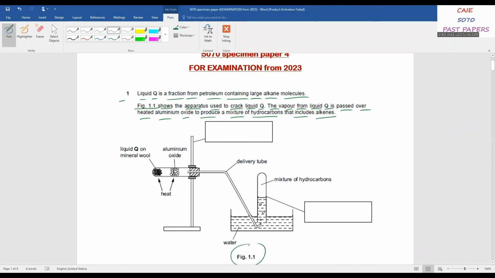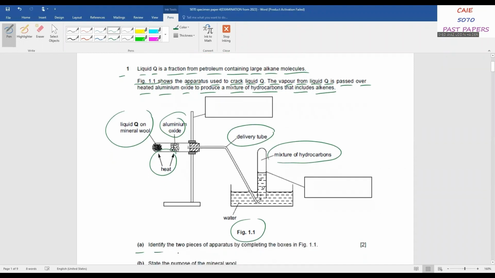So here's figure 1.1. You see liquid Q on mineral wool. Heat is provided and there's aluminum oxide. Here we are having some empty boxes. We have delivery tube. We have mixture of hydrocarbons collected in the boiling tube.